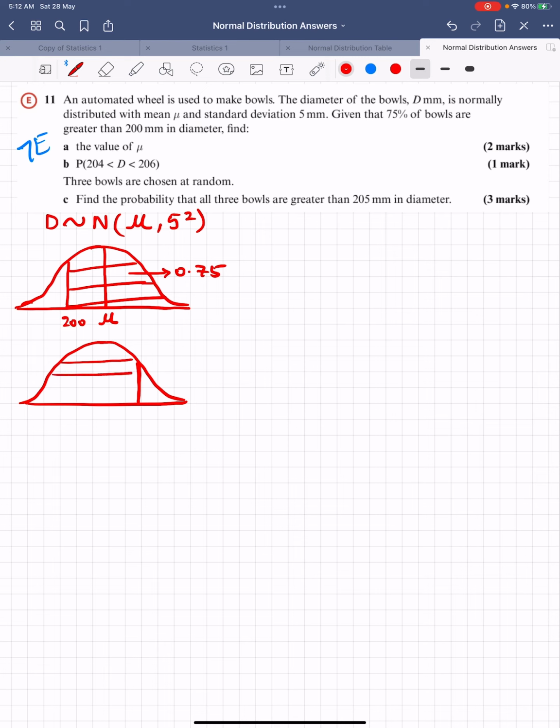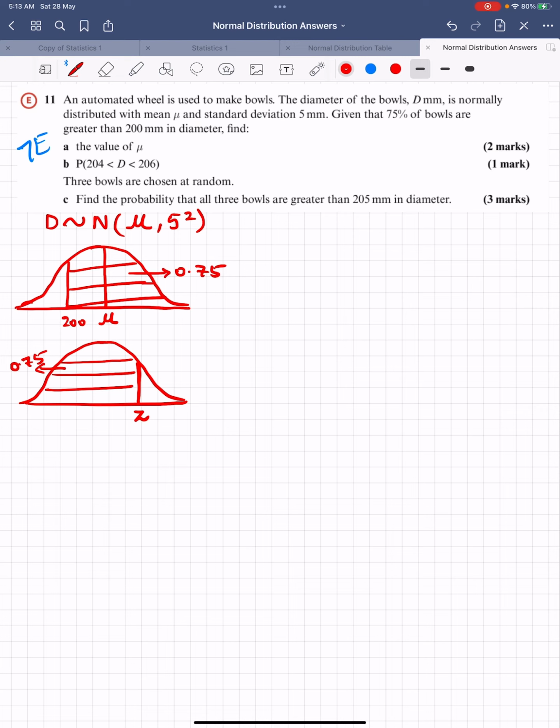If the probability is 0.75, what should be the z value? Here I'm using the Casio ClassWiz calculator. I go to menu and choose option 7, which is distribution.